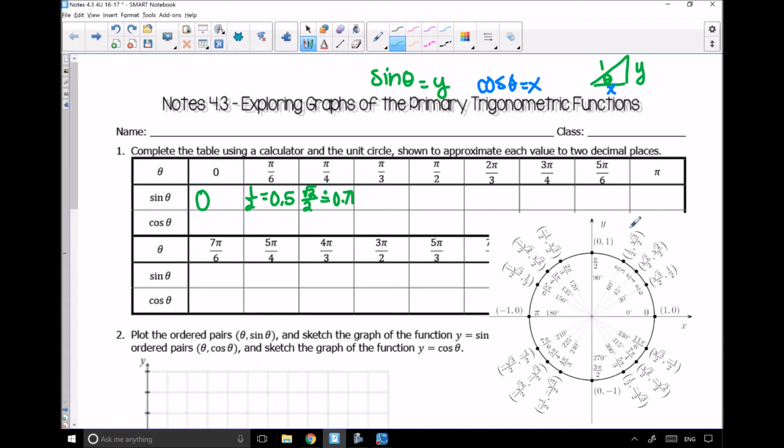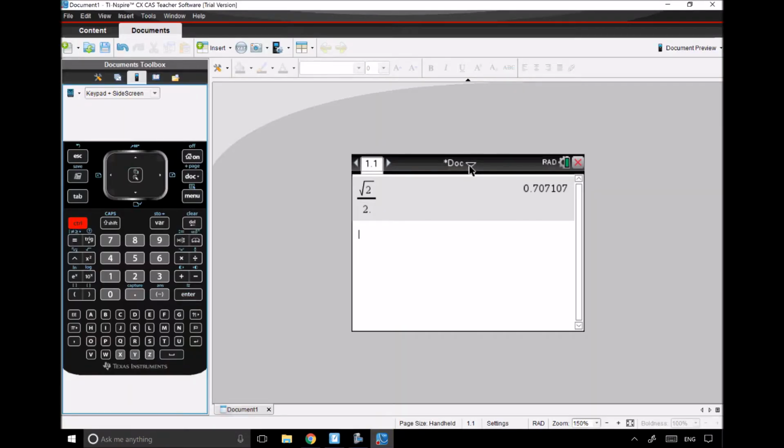Okay? Now the next one right here, the sine of pi over 3, so I'm going to go to pi over 3, and it's the square root of 3 over 2. So I'm going to say it's root 3 over 2, which is approximately, and then we'll go ahead and calculate that value. So take the square root of 3, and then I'm going to divide that by 2. And I end up getting 0.87 when I round it to the nearest second decimal place.